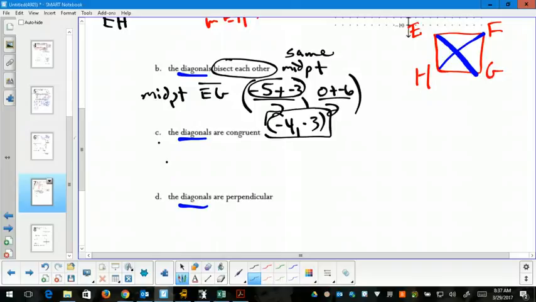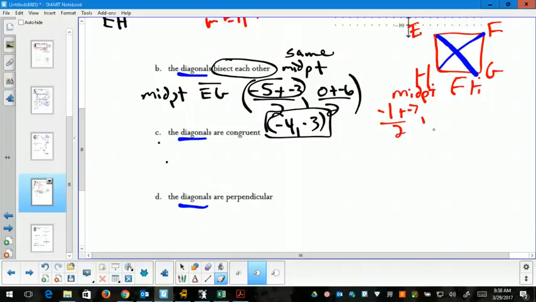So that's the midpoint of EG, but I also have to find the midpoint of FH, sorry, FH. For FH, it would be -1 plus -7 over 2, and -2 plus -4 over 2.